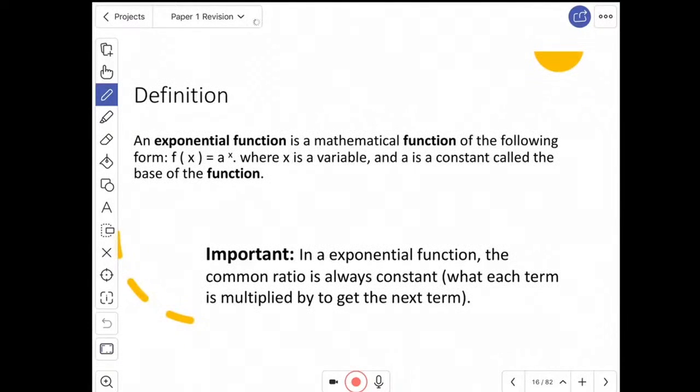And as I said, exponential functions are in this form here. A to the power of x, where x is a variable and a is a constant. So a constant is just a number. And in an exponential function, the common ratio is always constant, where each of your terms is multiplied by something to get to the next term.